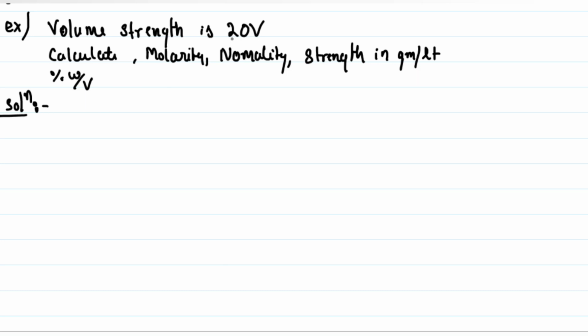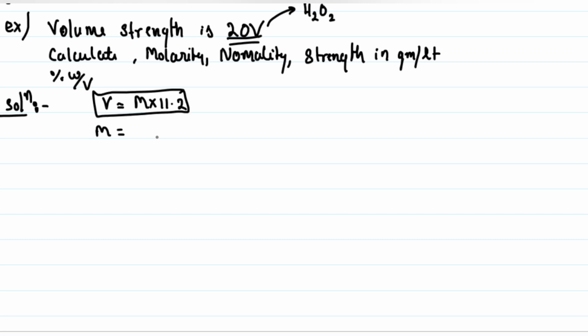The question has given that the volume strength is 20 V. Do understand, volume strength is always given for H2O2. The question is asking molarity, normality, strength and percentage weight by volume. We know that volume strength is equal to molarity into 11.2. So the molarity will be volume strength divided by 11.2.